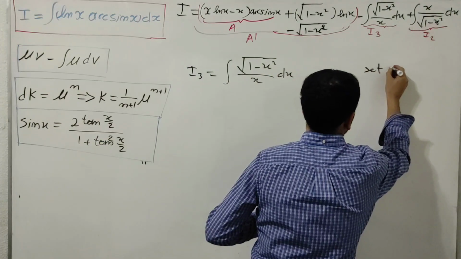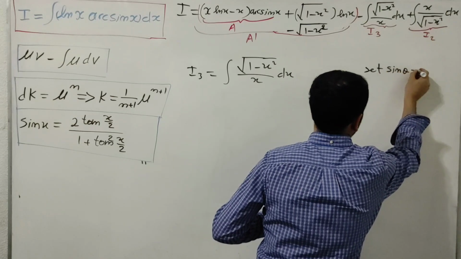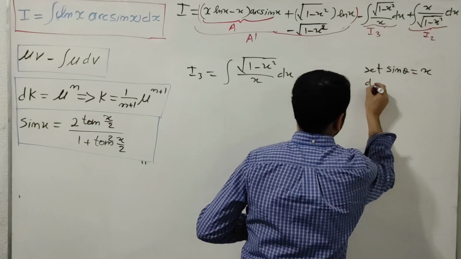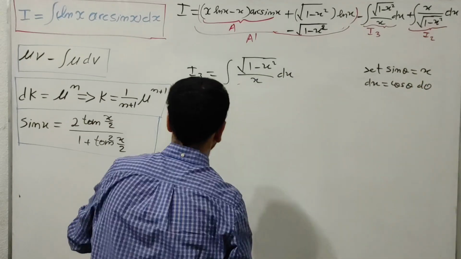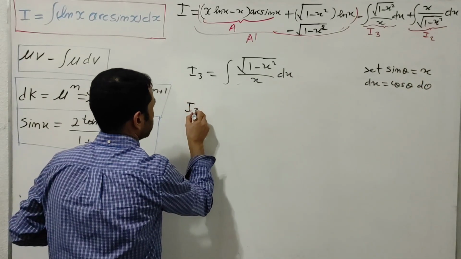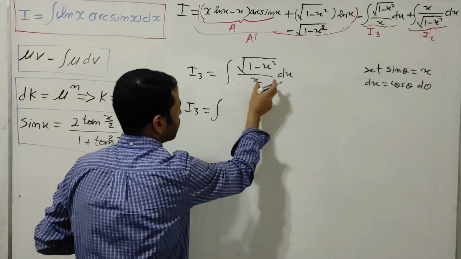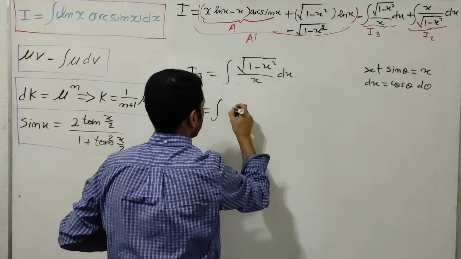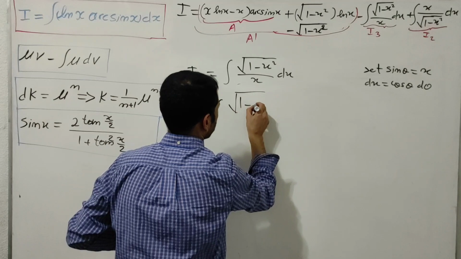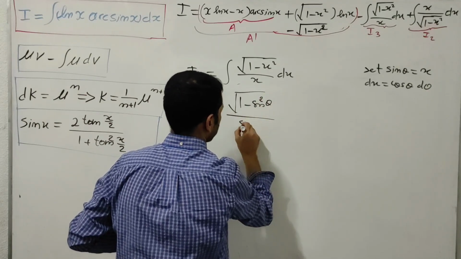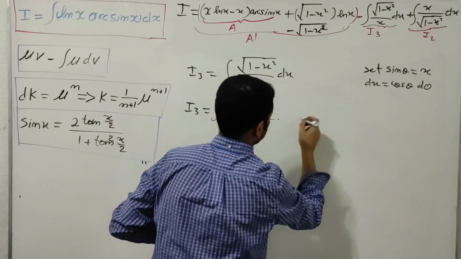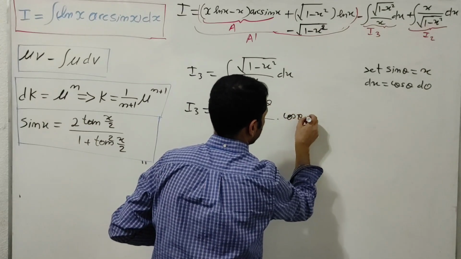Set sine theta equals x, that means dx equals cosine theta d theta. So the I3 integral equals, by replacing sine theta into the square root, square root of 1 minus sine squared theta divided by sine theta, and dx will be replaced by cosine theta d theta.